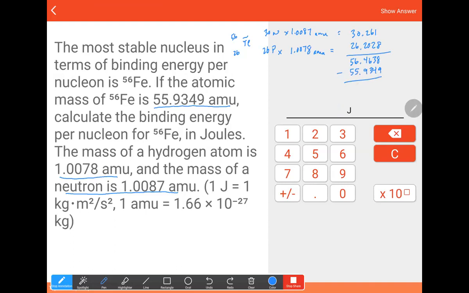That difference, that mass defect, by being together in the nucleus is 0.5289 AMU. That's our mass defect.